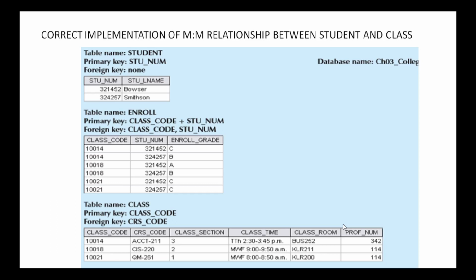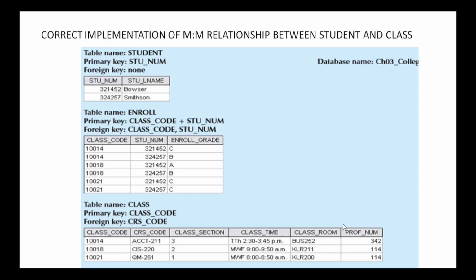So in that enroll, what is the rule? The primary key is formed with the combination of the primary keys of the tables to which it is related. That's why the primary key is composed of the combination of the student table's primary key, student number, plus the class table's primary key, class code, and those also act as foreign keys. Why?